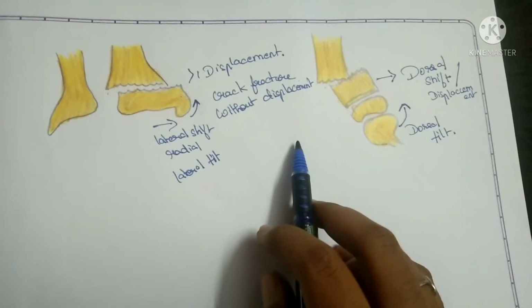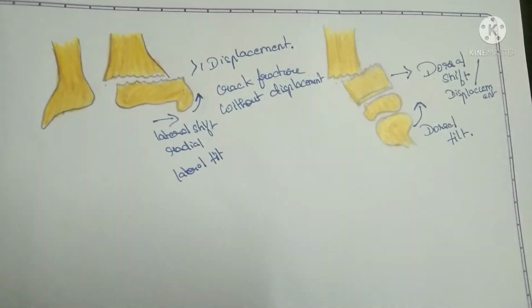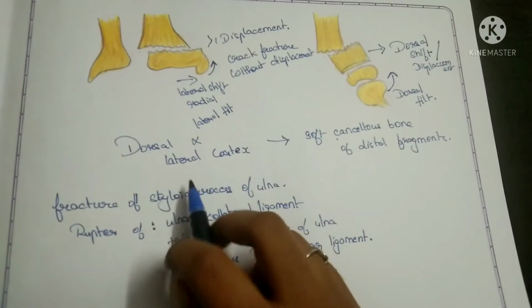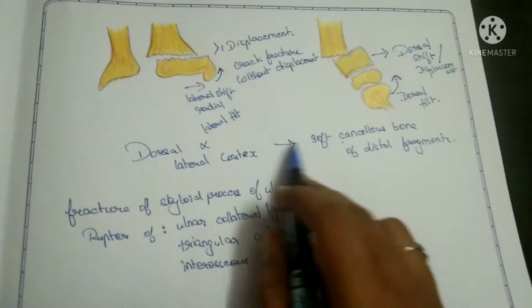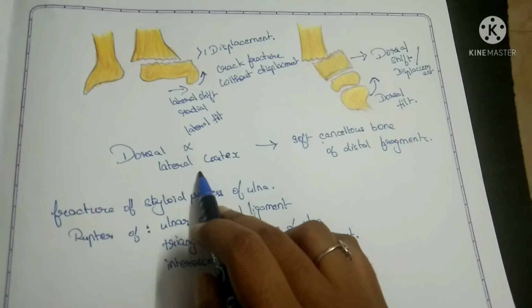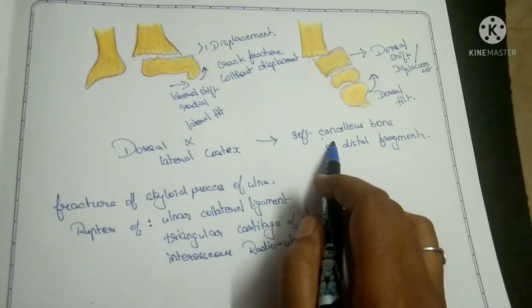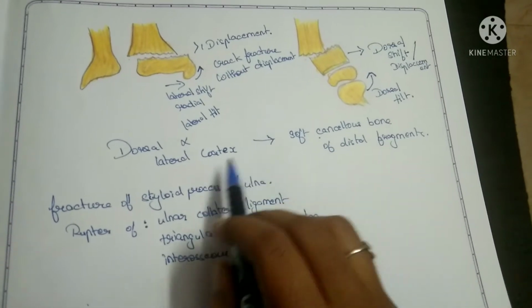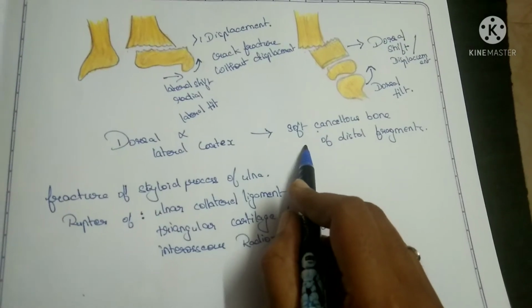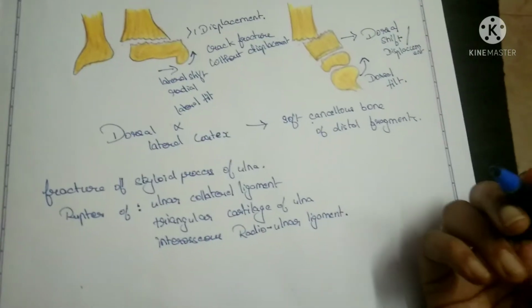So these are the displacements seen in Colles fracture. Even though it is displaced, there is a communication between the lateral and dorsal cortex and the soft cancellous bone of the distal fragment.